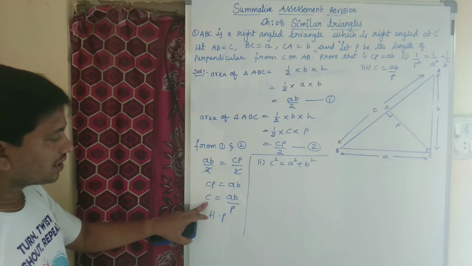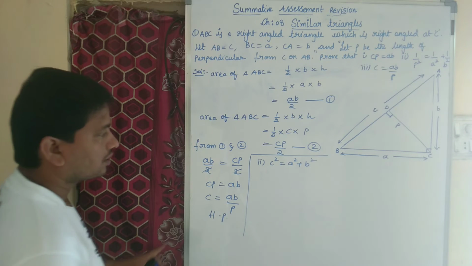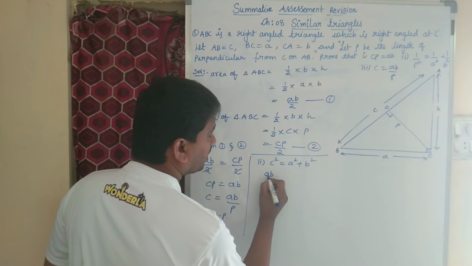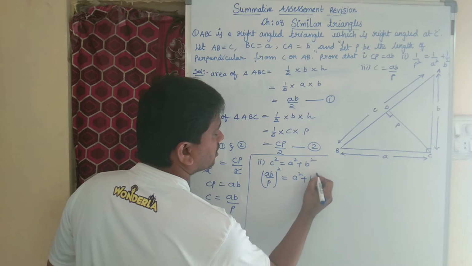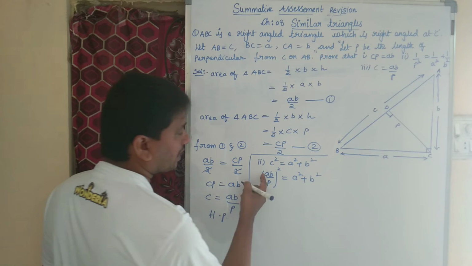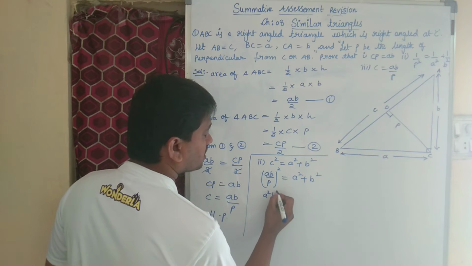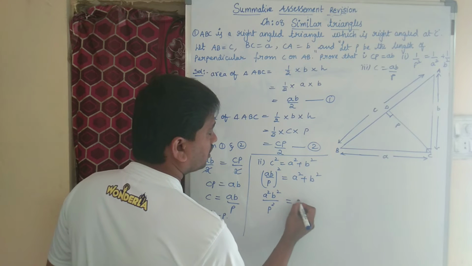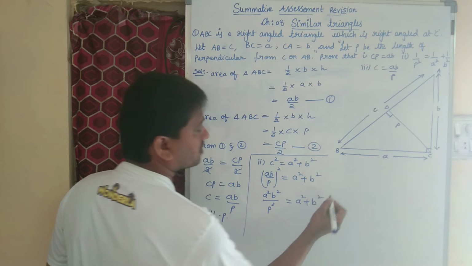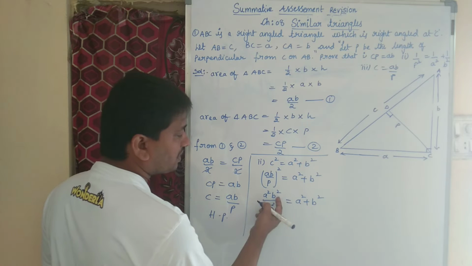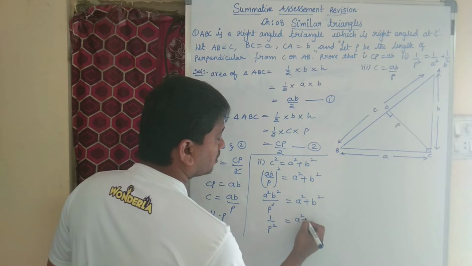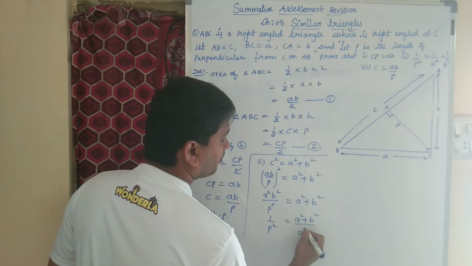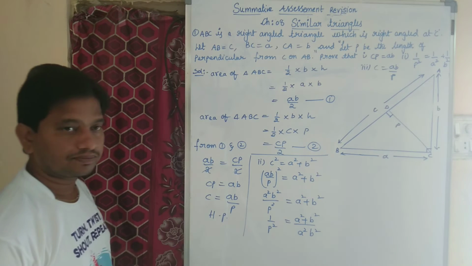Students, we know that C is nothing but AB by P. So in place of C, I can write AB by P whole square equal to A square plus B square. So this I can write as A square B square by P square equal to A square plus B square. As A square B square is multiplying, transpose, so 1 by P square equal to A square plus B square by A square B square.